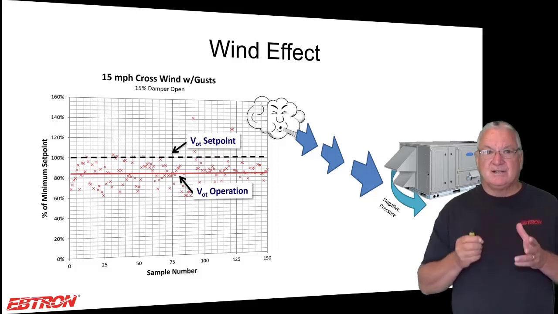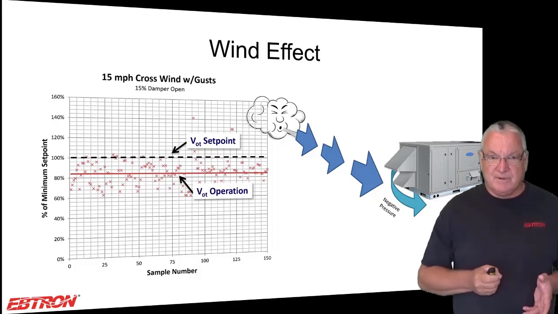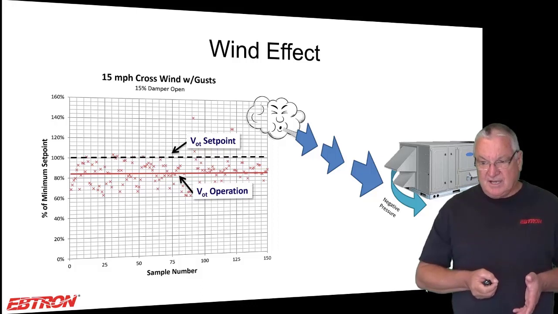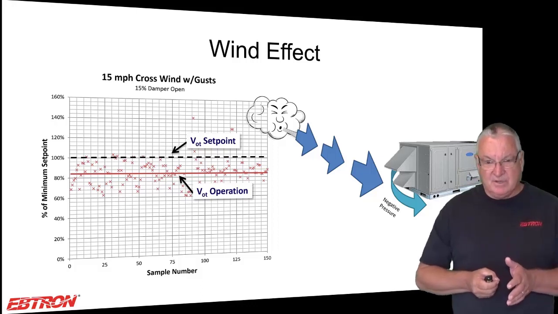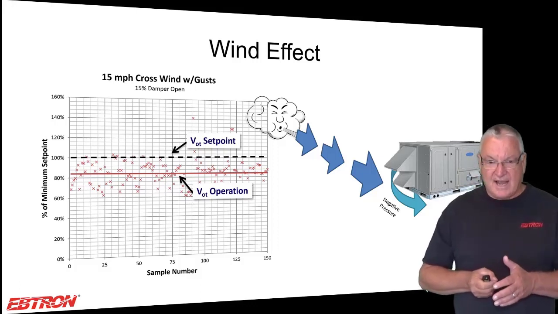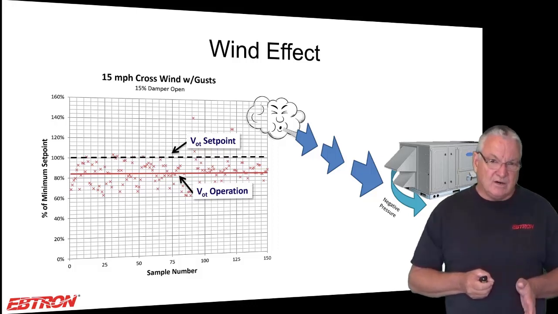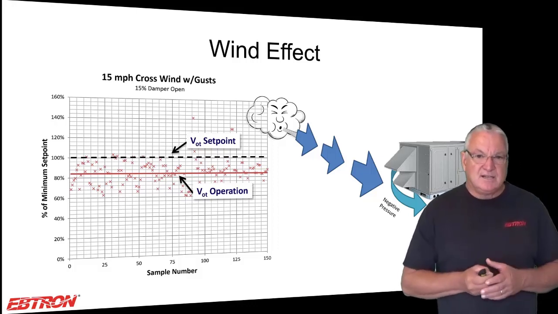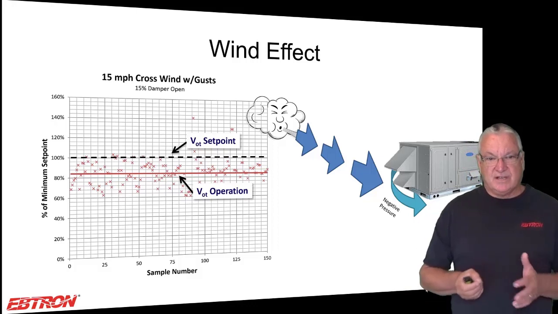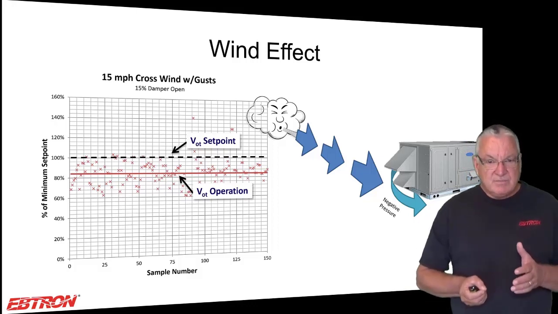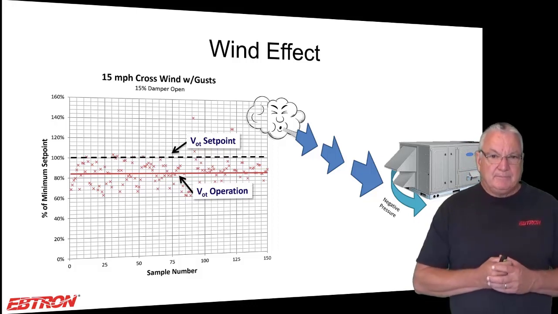It's not like when you say there's a 15-mile-an-hour crosswind down the side of the building, it might be 15 mile an hour straight down the side of the building. It could be 18 at a different angle to the building. It could be 12. And you get these gusts. And as you get these gusts across this fixed orifice, you get these small changes in airflow that you pick up with the airflow meter.